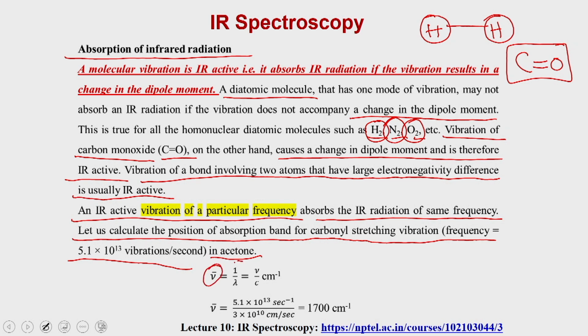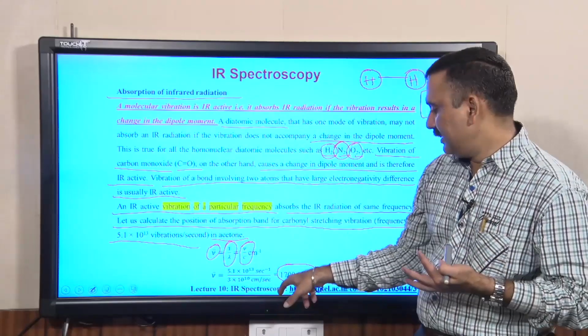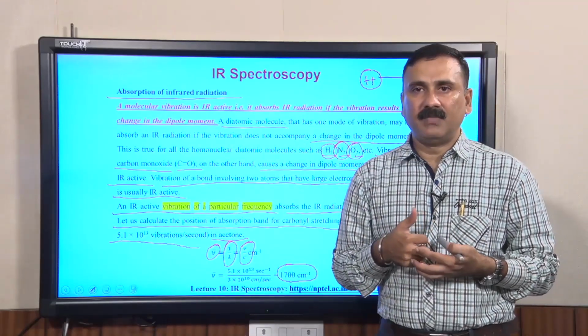The wave number, 1/λ, is equivalent to ν/c, so you can just put in this number, and what you are going to get is 1700 cm⁻¹, which means in an IR absorption spectrum, the carbonyl bond is going to absorb at 1700 cm⁻¹.